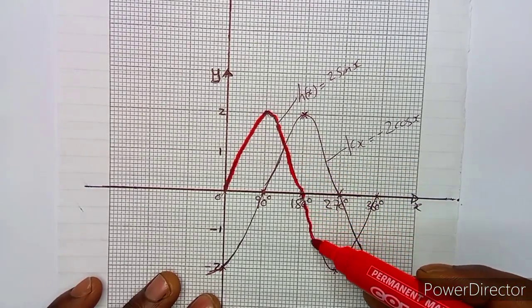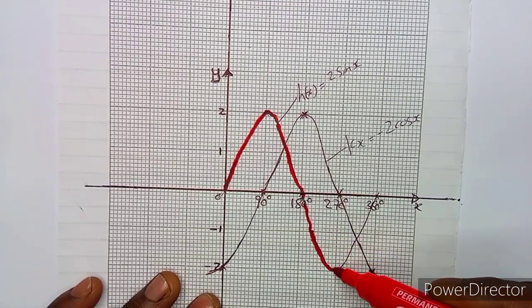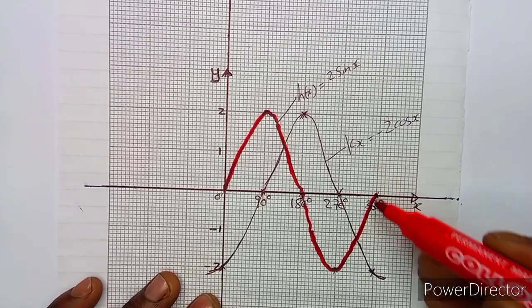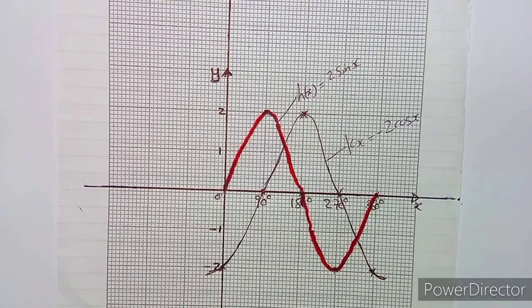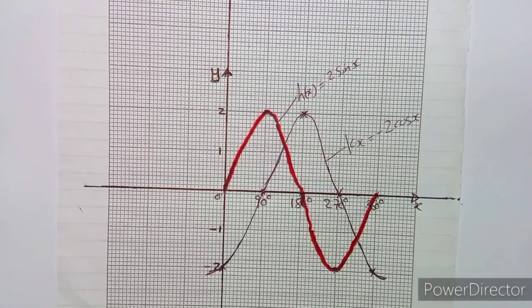But I think it's clear, guys, and we can clearly separate between the two graphs. So this is our first one for sine, and this one for cos. This is actually what we had from this part.